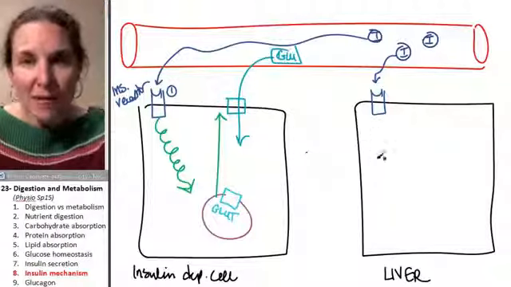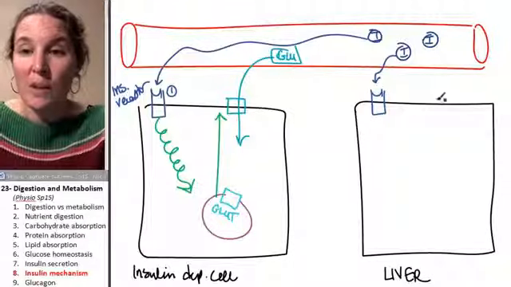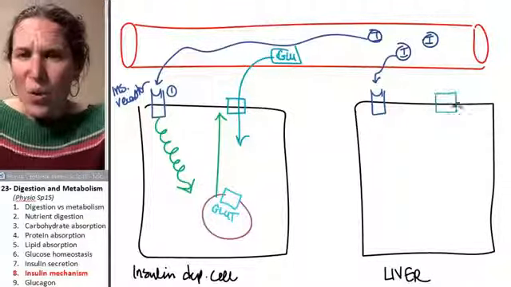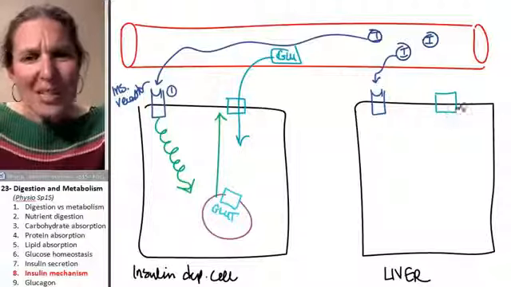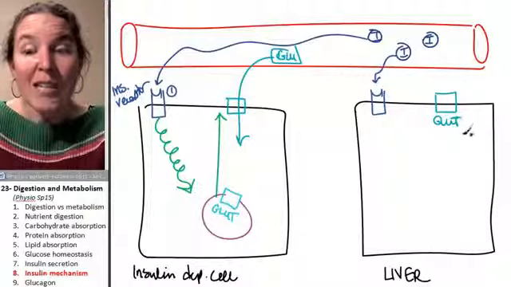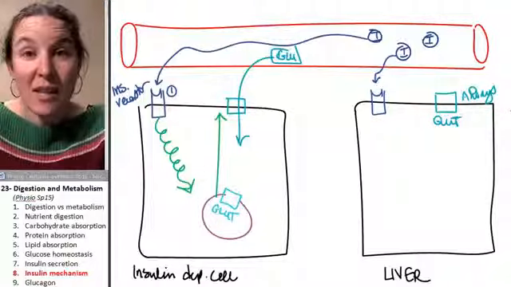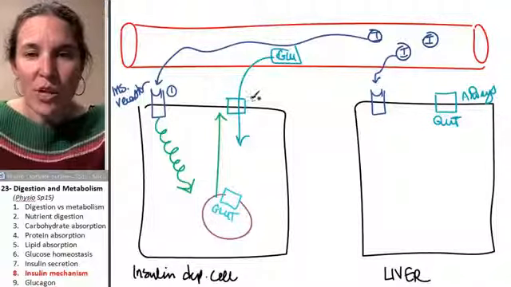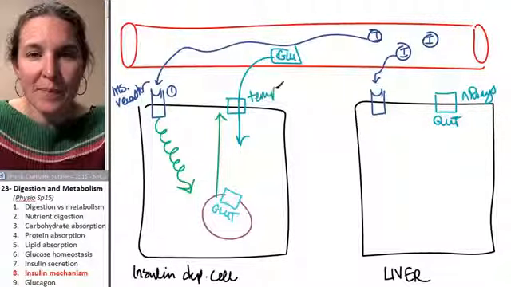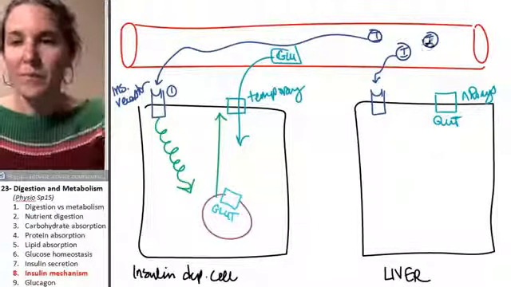The liver is different because the liver requires us to store the glucose. So GLUT transporters are chronically in liver cells, always. They're always there. Here, the GLUT transporters are temporary. In the liver, they're always there.